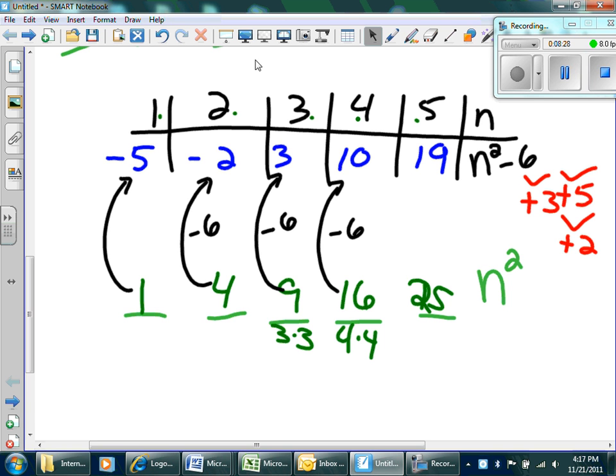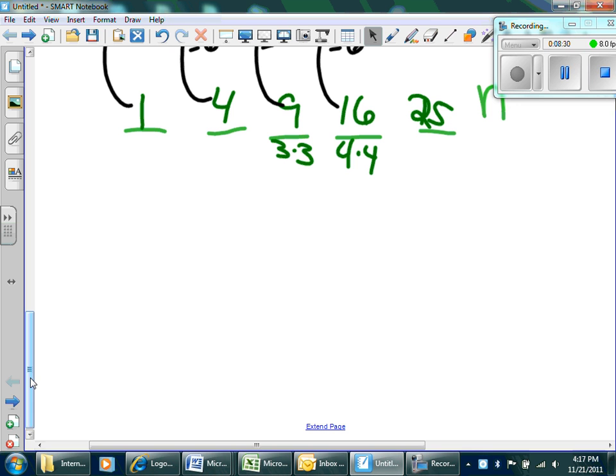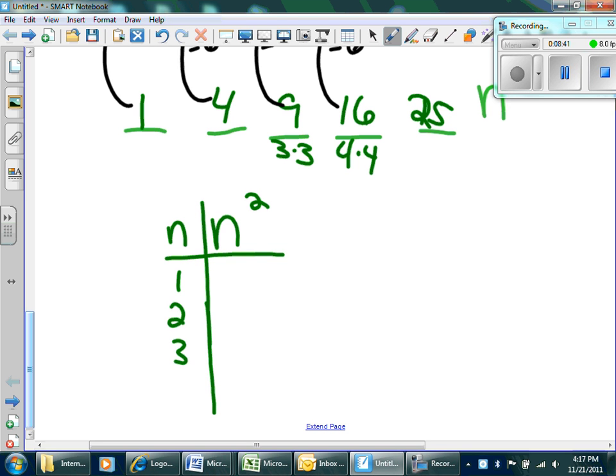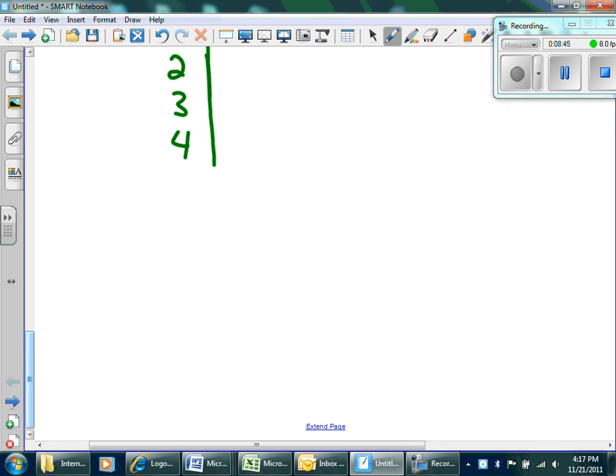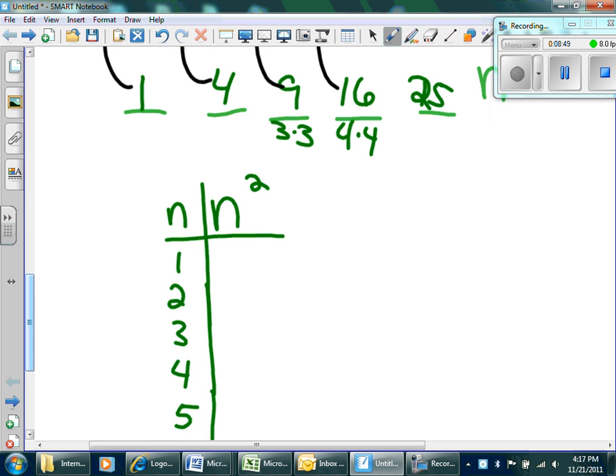Do me a favor. If you're a person who gets the n squared pattern wrong, just write down n squared, and then n, and let's do 1, 2, 3, 4, and 5. Now this is only for people who are having trouble with the n squared part or n cubed per se.